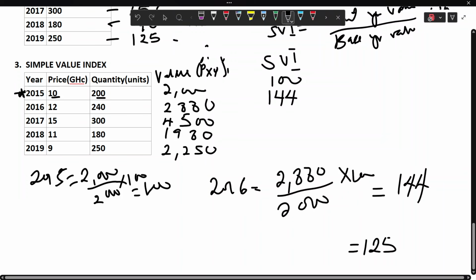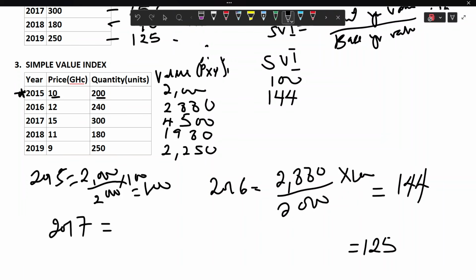For 2017, we have a value of 4500 divided by 2000 times 100, giving us 225.